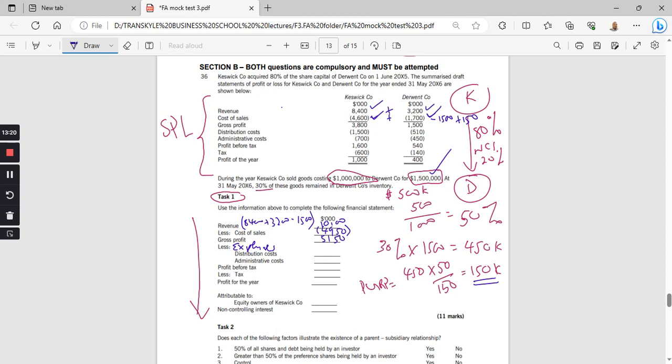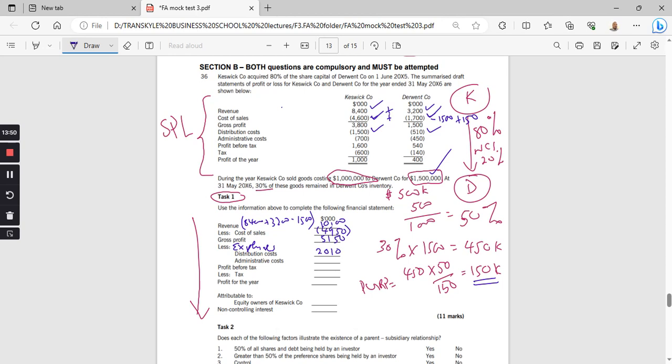So let's start with the distribution costs. We're going to add the cost for the parent, 1.5 million, and the cost for the subsidiary, which are 510. So this gives us 2010 as our cost.